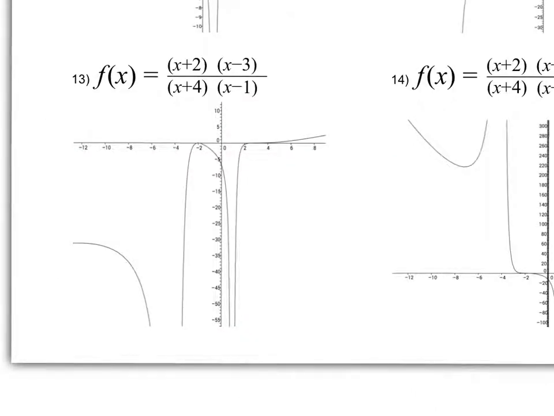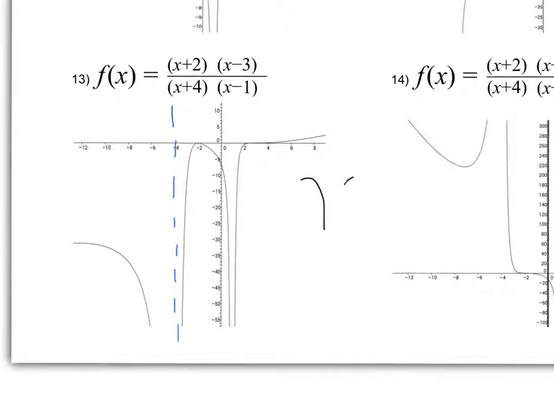In this one, you had to decide if you're going to put 1, 2, or 3 on the exponents of each binomial. So let's look at the vertical asymptote of x equals -4 to start. I want to look at the shape that it takes on around that asymptote.